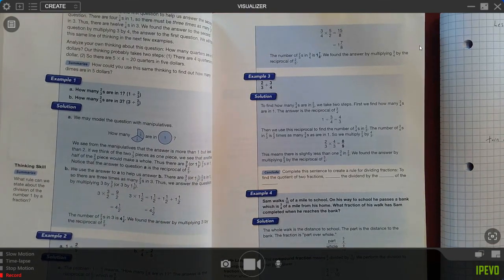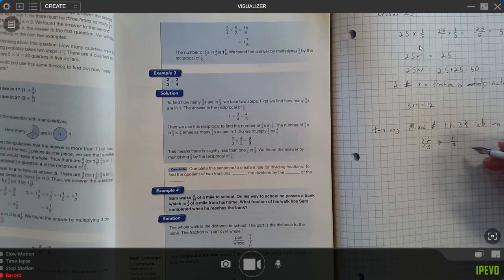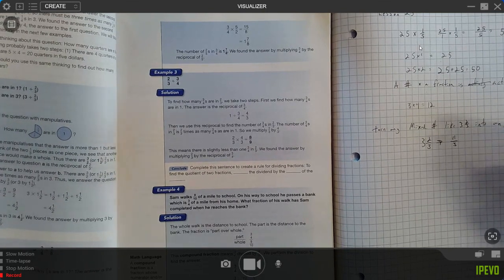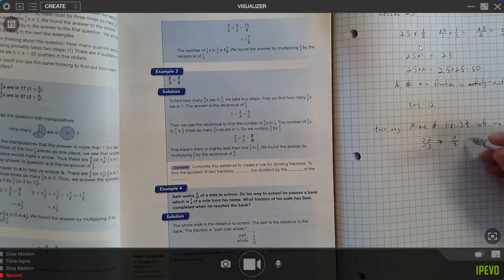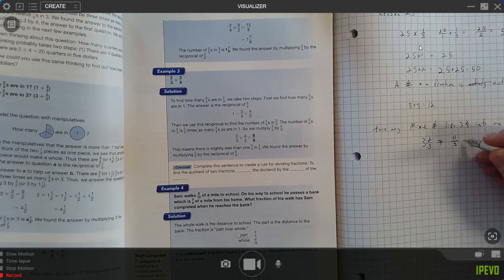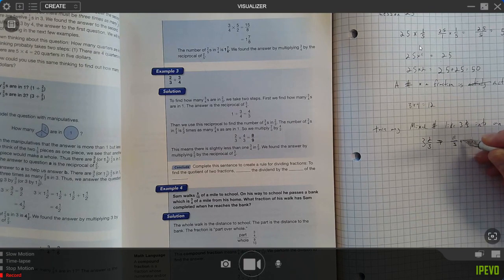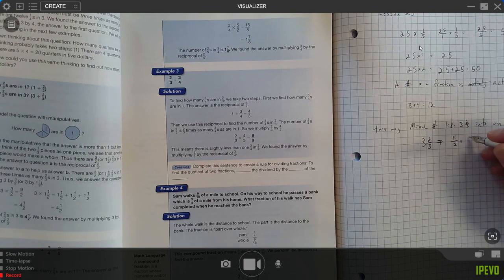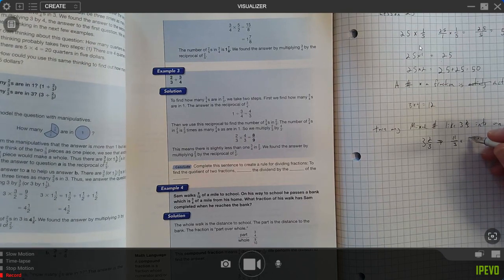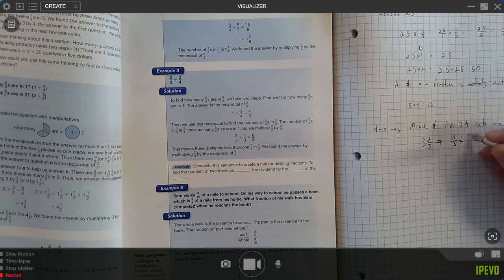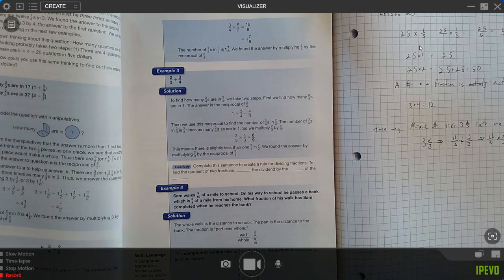So in this particular example, 3 2/3, let's say we're trying to figure out how many 2/3 there are in here. If we were dividing by 2/3, we would really multiply by 3/2.